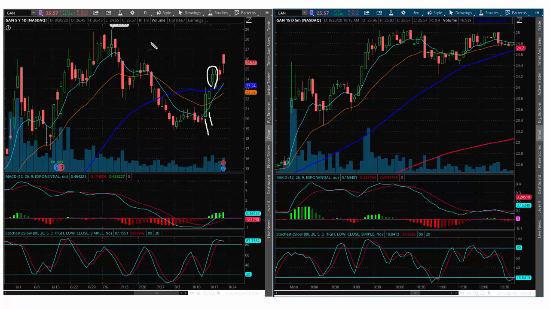In all these examples, I should say, the chart on the left is the daily, and the chart on the right is the 5-minute chart. I still get a lot of clues from the daily chart, even if I'm day trading, but then I zoom in with the 5-minute chart to get actual signals. So if I zoom in on this day right here, here's the gap up. Which for some people is frustrating.